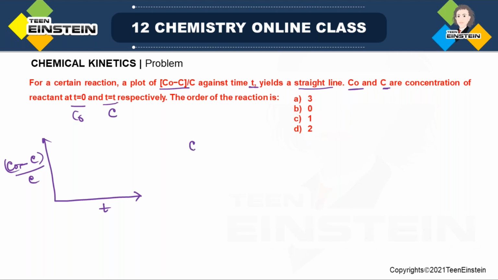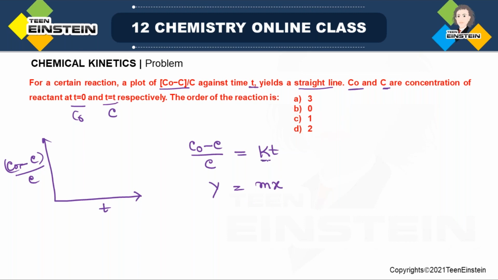Okay. Now, (C0 minus C) divided by C, if we write it equal to kt, you can find similarity with the equation y equals mx, because it is a straight line. Though it is not mentioned whether an intercept is present or not, you can take the simple straight line equation going through the origin.